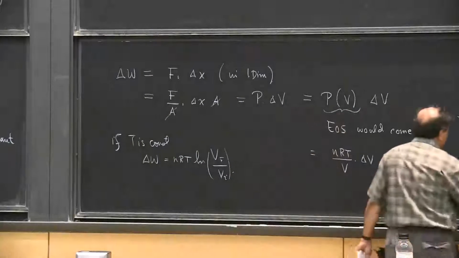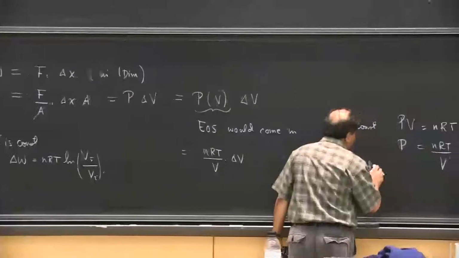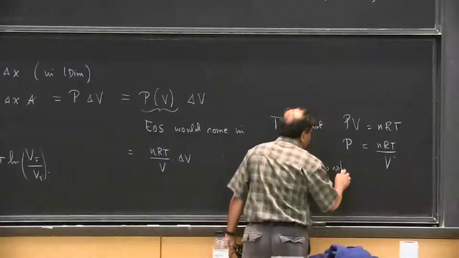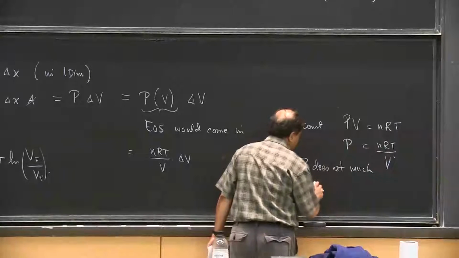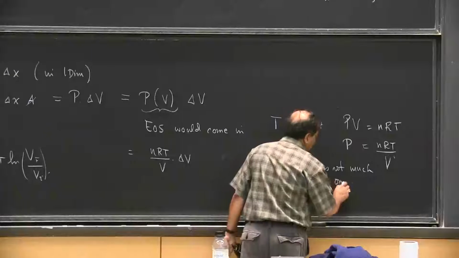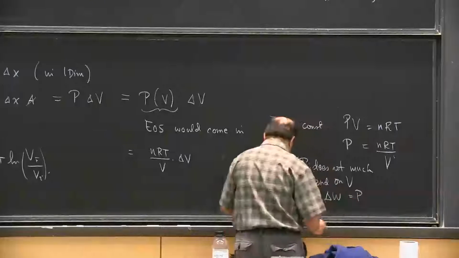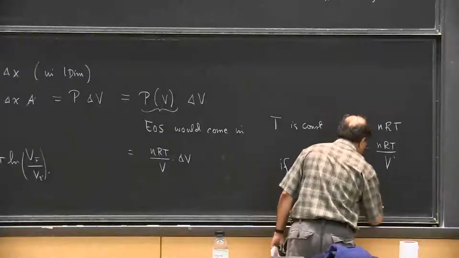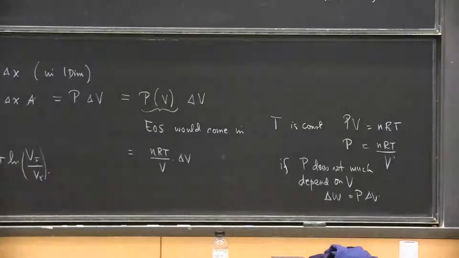Now if it so happens that P does not much depend on V, then of course we can write delta W as simply P times delta V. But that's only in the very special case where P doesn't much depend on V, but usually P would depend on V by some kind of an equation of state.